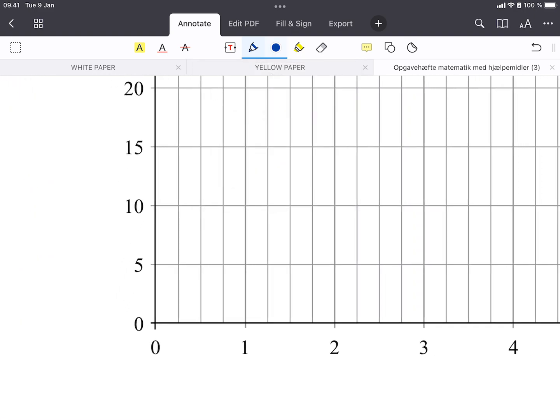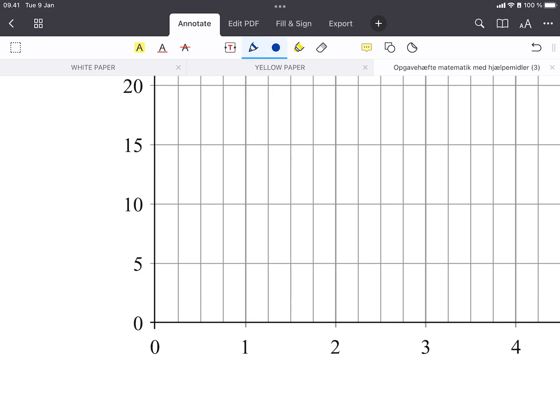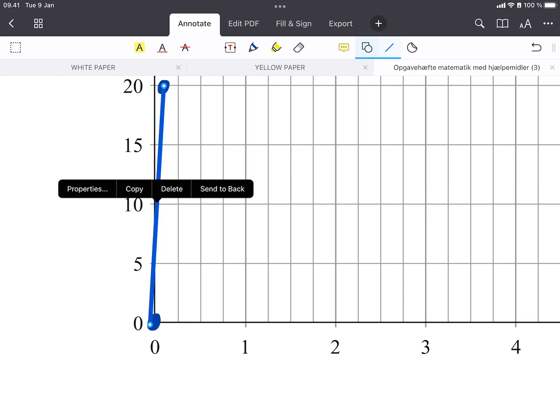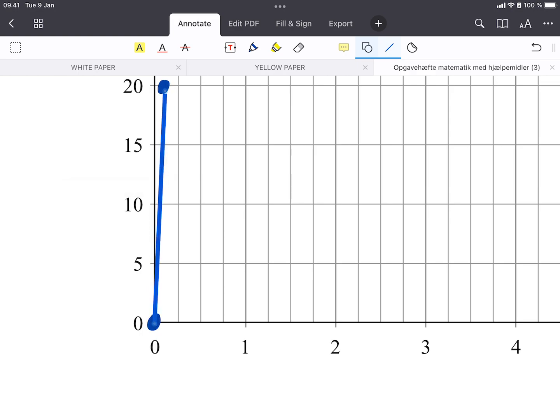start at 0. We will very quickly accelerate up to 20 kilometers per hour. So there's a line showing that.